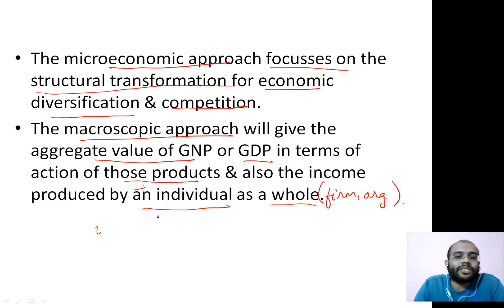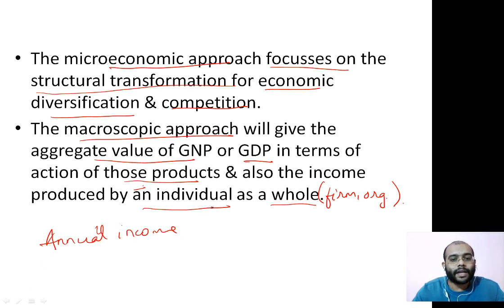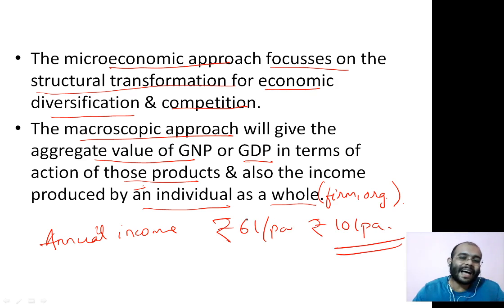In terms of the products, and also the income produced by an individual as a whole, like your annual income. Some are working at rupees 6 lakh per annum, some at rupees 10 lakh per annum, right? So these are your annual incomes, that is the income earned by an individual as a whole.